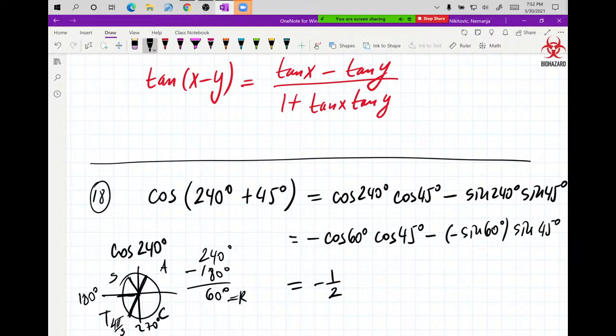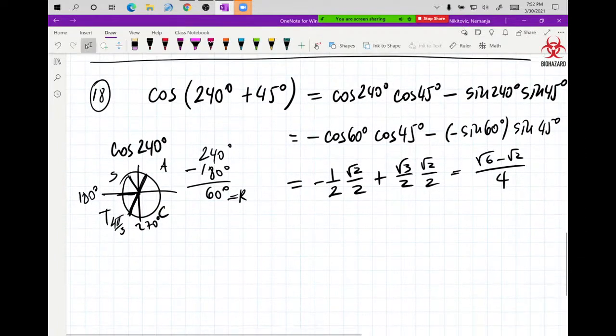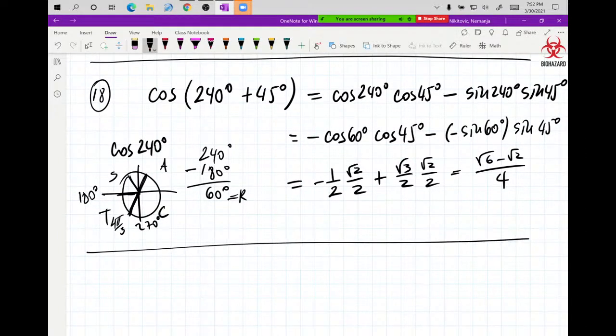Negative 1/2 root 2 over 2 plus root 3 over 2 and root 2 over 2. So that's root 6 minus root 2 over 4. That's another problem that has the same values shoveled around. Not all the problems have that answer. We had 3 with the combinations of those.